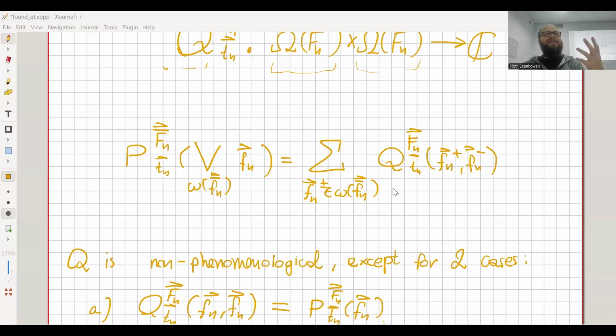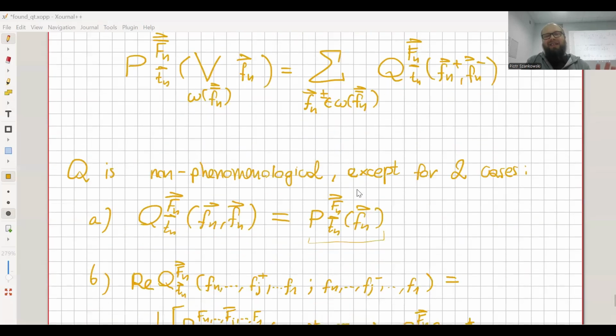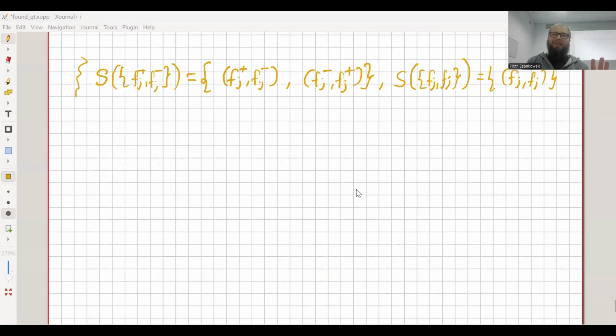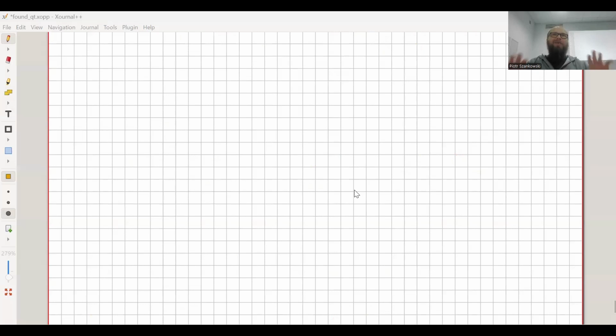Okay, but now is it the simplest thing you can do? And again, I think I can argue that it is the simplest thing you can do. So in what sense is it simplest? Simplest extension of phenomenological stuff. So the probability distributions, right? P of Fn. Okay, so this is a distribution on the space of sequences. Single sequence.